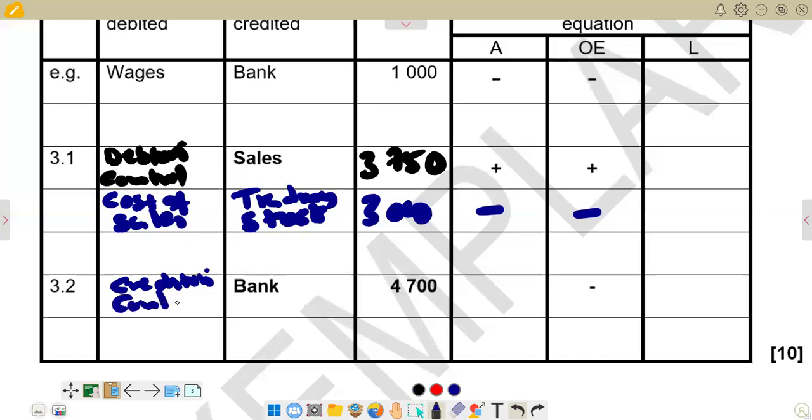And then for the effect on the accounting equation, we are going to notice a minus on assets and a minus on liabilities. So it means here we don't have anything on owner's equity. The transaction is affecting our assets and our liabilities, and the same concept applies, where if it's a negative on this side, the other side of the equation should also show a negative. So this is what we have.